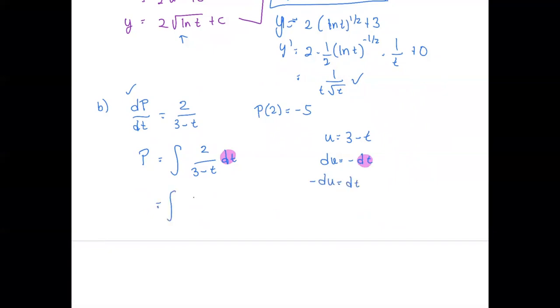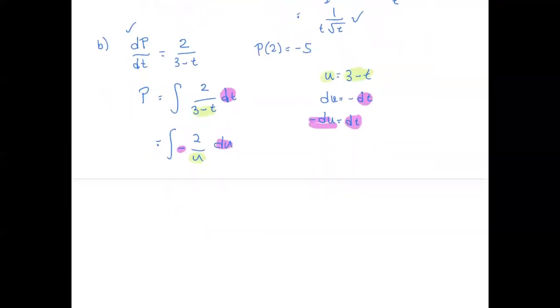So it's going to be 2 over u, because I had 3 minus t, but I let that be u, so u is there. And then that dt that I was talking about earlier, dt is going to be negative du, so I can replace this with negative du, so there's my replacement.